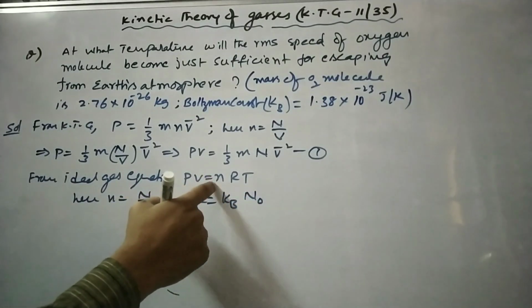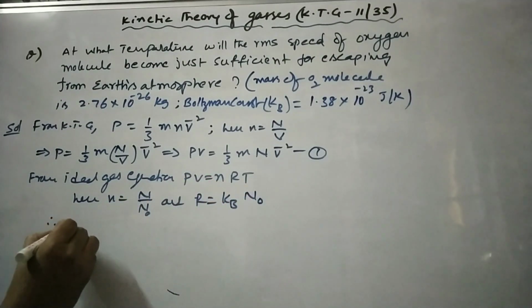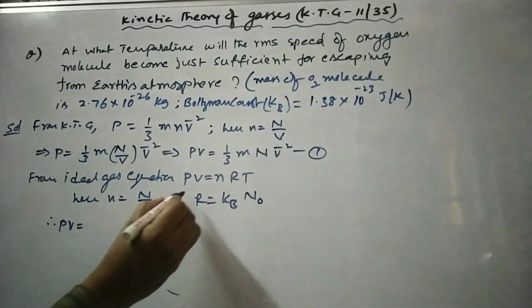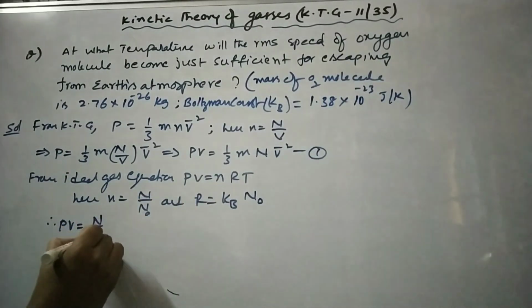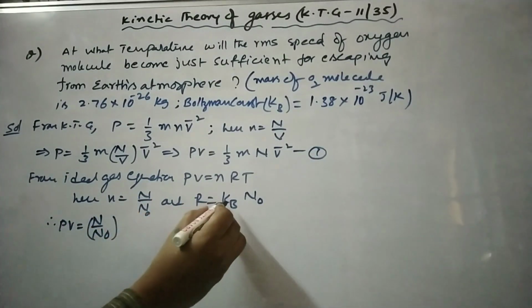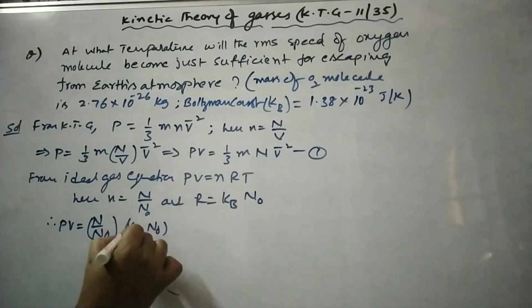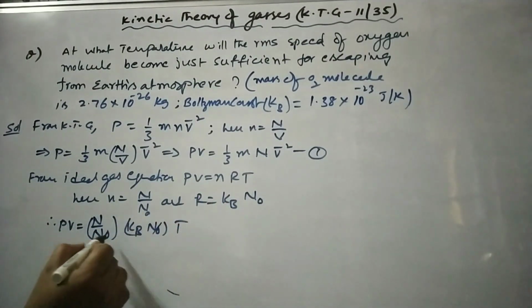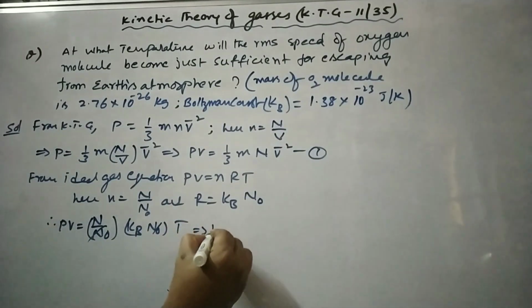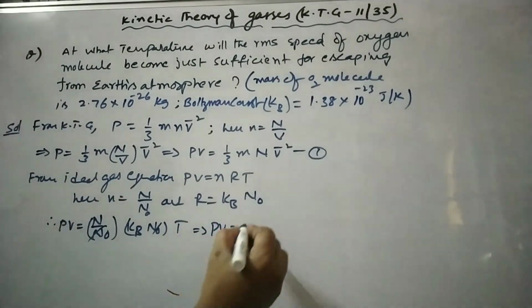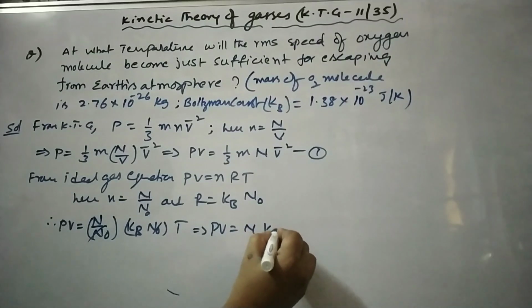Substituting these, PV is equal to N by N naught into Kb into N naught into absolute temperature. N naught is cancelled. That implies PV is equal to N Kb T.